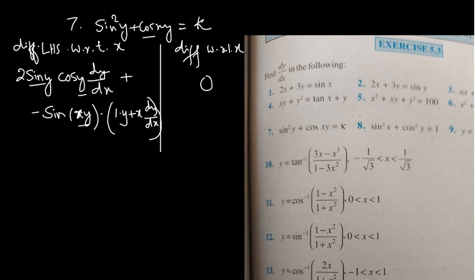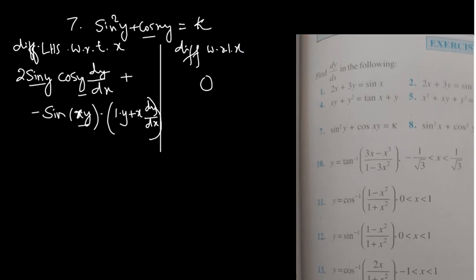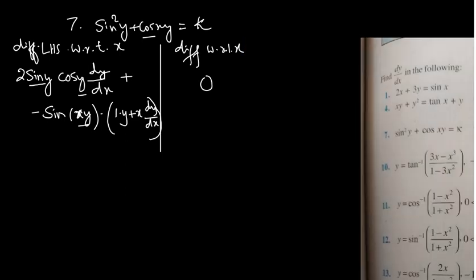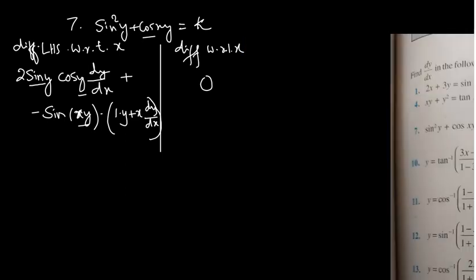So now we have to equate this to this. Okay, so we write this entire thing as one entity. So you will get dy by dx into 2 sine y cos y.